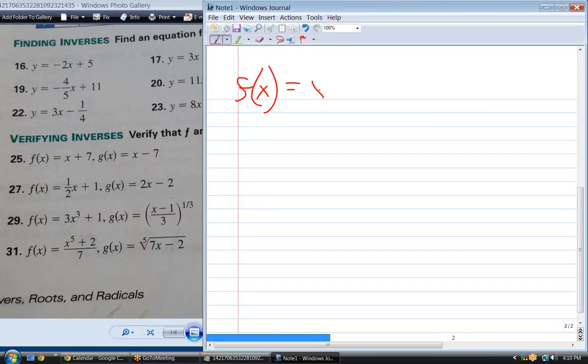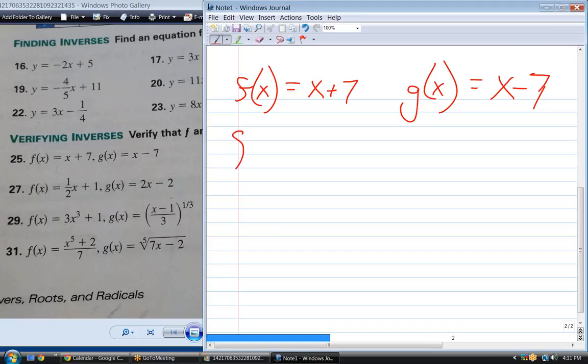Now, for one function to be the inverse of another function, something has to be true. What is it? Do they have to be opposite? No, there's one test to determine whether a function is an inverse of another function.